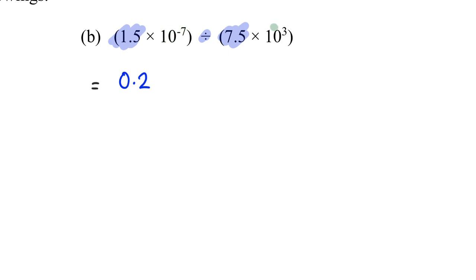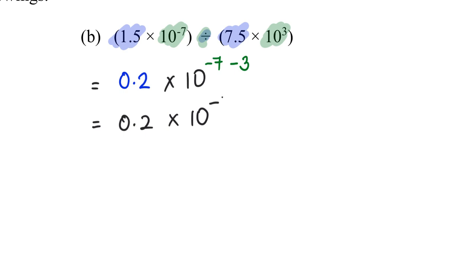For this, because we are going to divide using what we have learnt from indices, I am going to just minus the power, minus 3. So this will give me 0.2 times 10 to the power of negative 10.